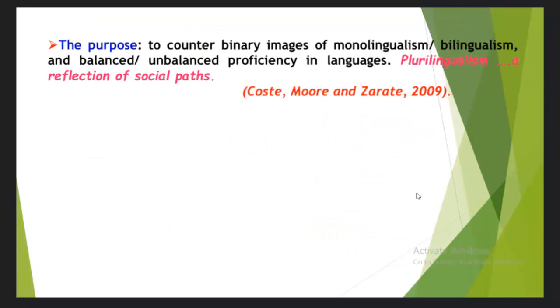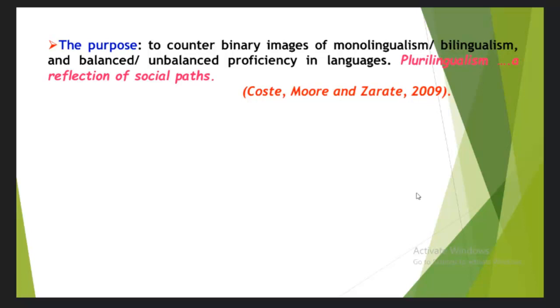And the purpose for the terms plurilingualism or multilingualism to come into being is that they want to counter the binary images of monolingualism or bilingualism, or the balanced or unbalanced proficiency in languages. I want to clarify this point here. In the past, most people were monolingual, and some of them were bilingual.